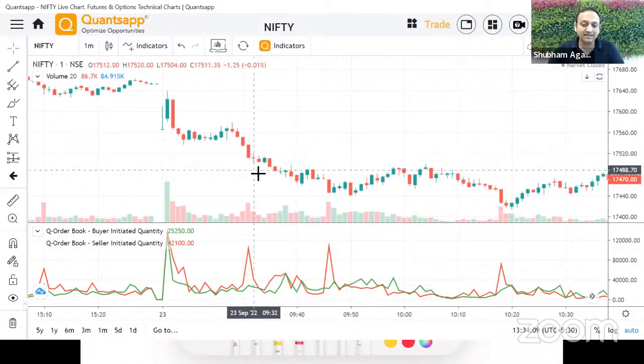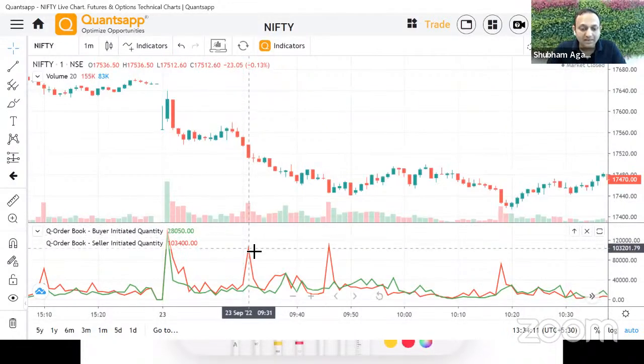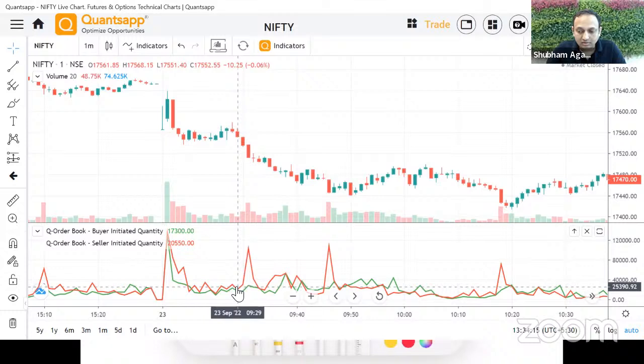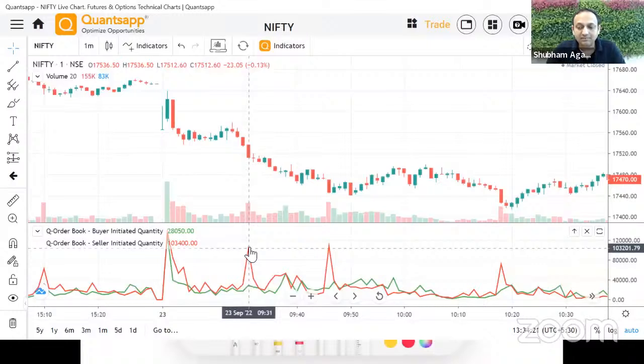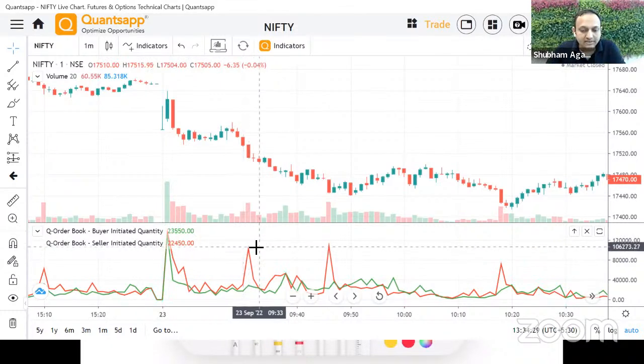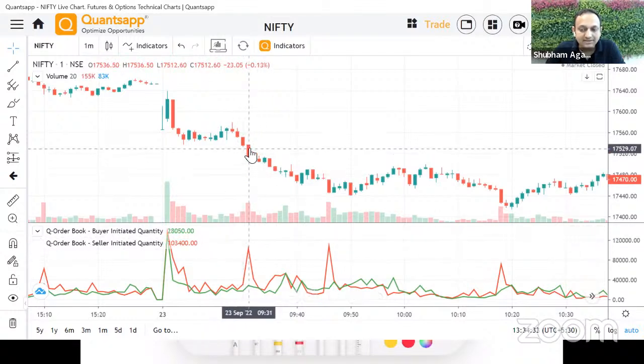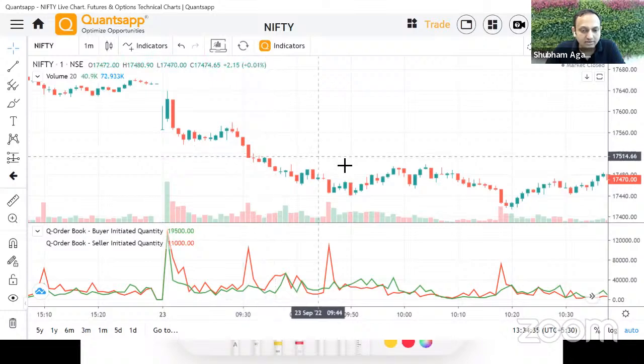On the pane below, you can see how many times more the sellers were. Approximately 25,000 quantity was being traded, and suddenly the sellers became 1 lakh. That is a 4 times increase in the number of sellers selling at the bid price. So with a significantly high amount of sellers, that's when you will go and sell Nifty at 17,525.